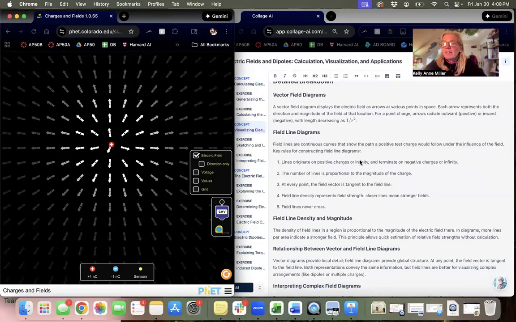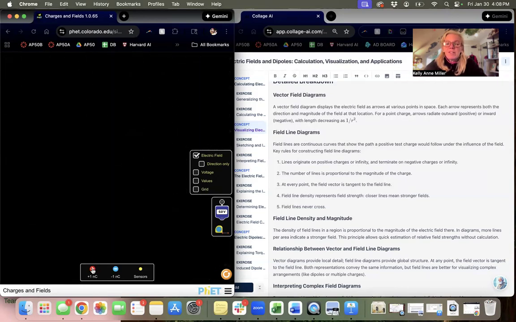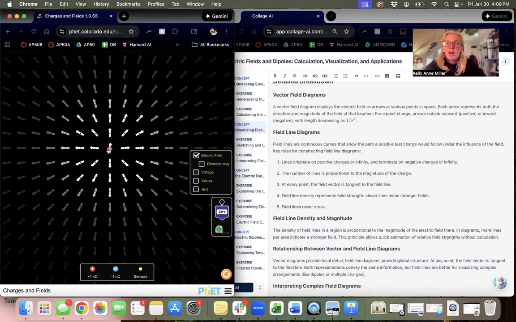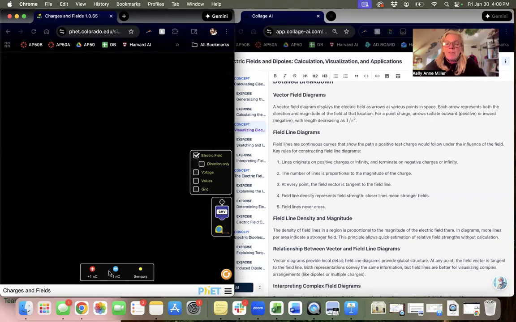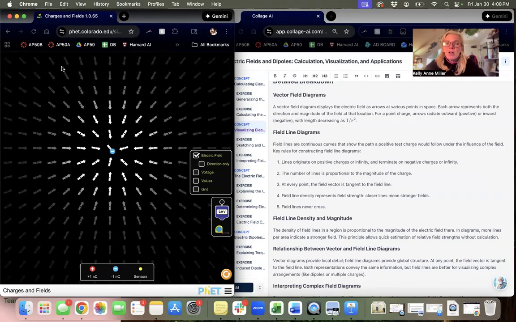So here I put a positive charge in space, and you see that all of the field lines originate at the positive charge. If I put a negative charge, you'll notice that all of the field lines point towards the negative charge. So that's what this point means: lines originate on the positive charge or infinity.